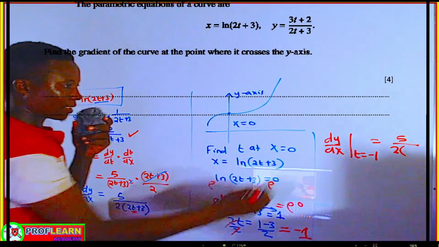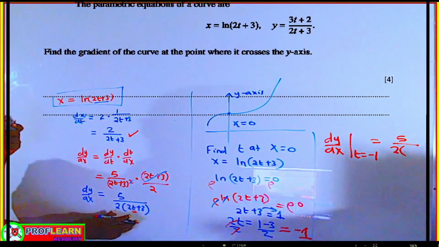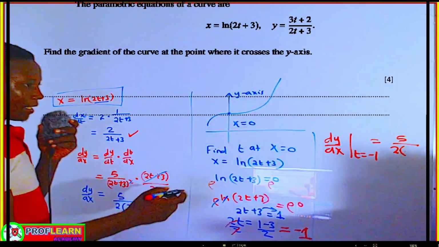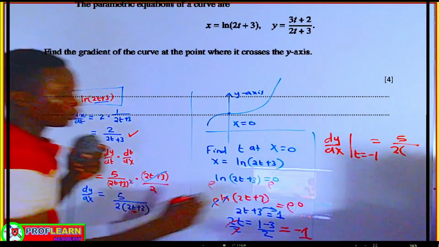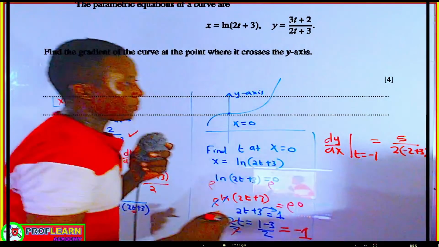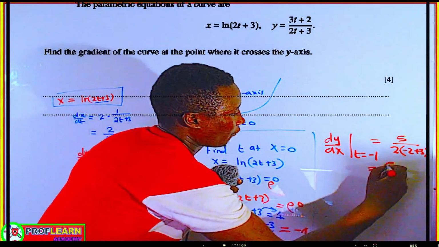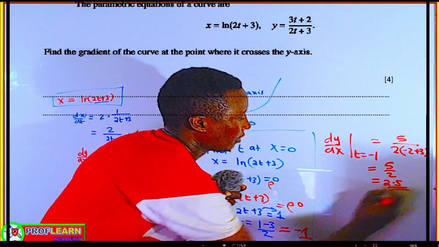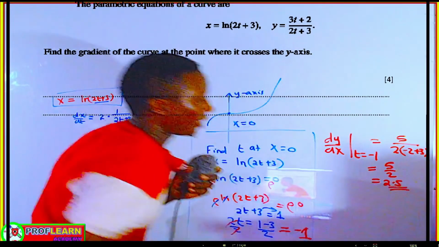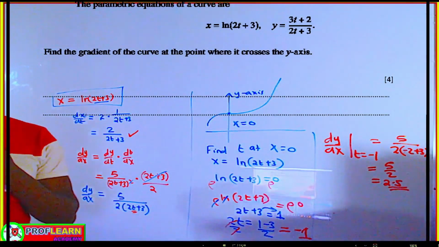So we are finding dy dx where t is negative 1. This is 2 times negative 1, which is negative 2, plus 3, that is 1, times 2, so it becomes 5 over 2, and the final answer is 2.5. So the gradient of the curve at the point where it crosses the y-axis is 2.5.